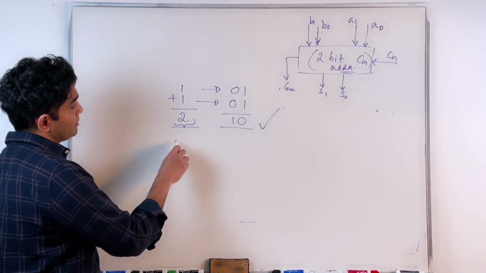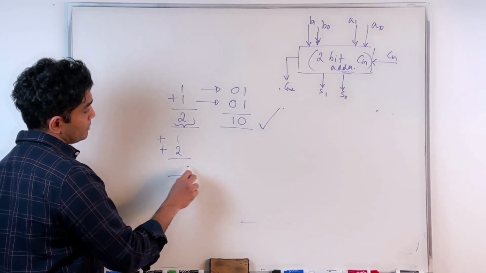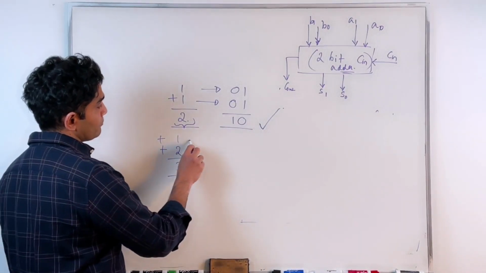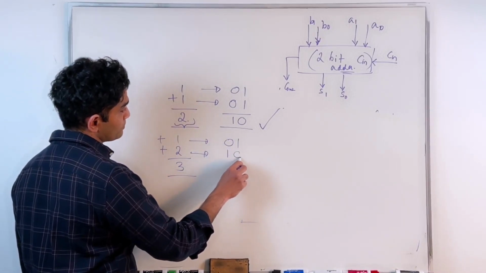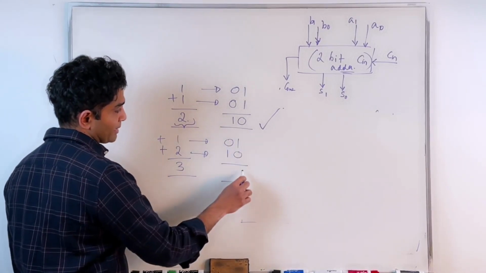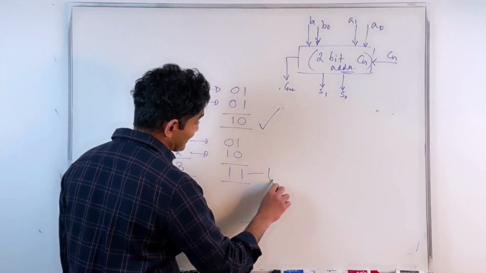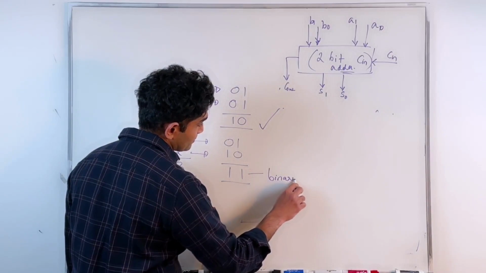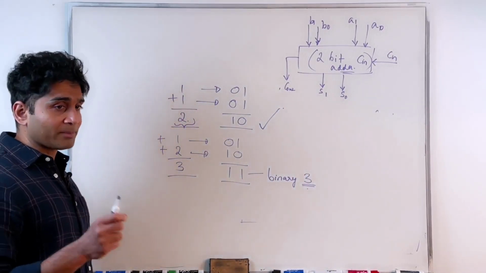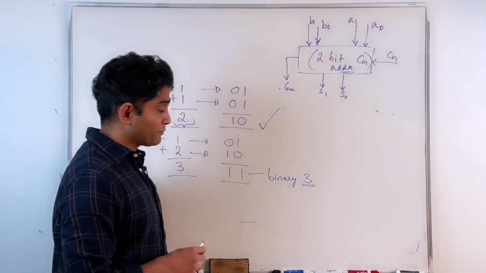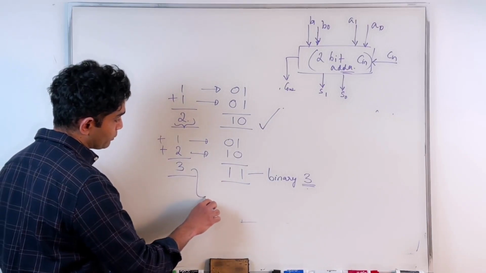What about 1 plus 2? I get a 3. When I convert that to binary, that corresponds to 0, 1 being added to 1, 0, and I get 1, 1. That is binary 3. But is it in the right tertiary format? What would be the right tertiary if I want to represent that?